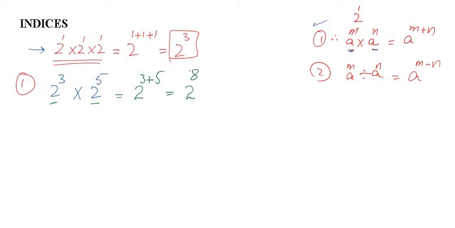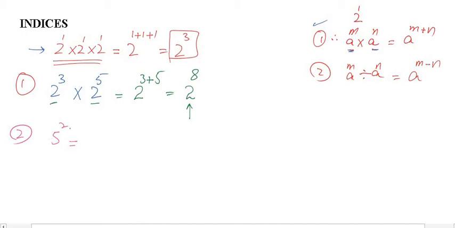But sometimes you are given the question in index form and told to find the value. Then you have to convert the index form into the final answer, because this is a single index form. Let's take another example, 5 to the power 2, and we are told to find the value. What does it mean?